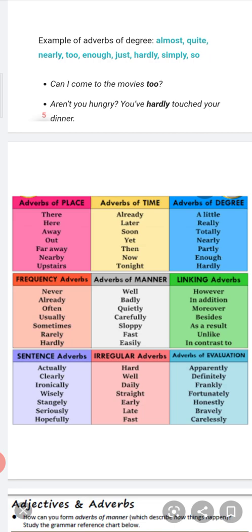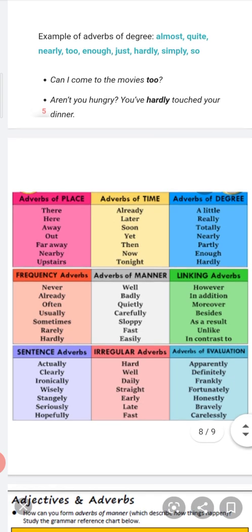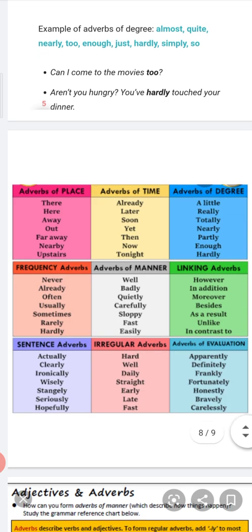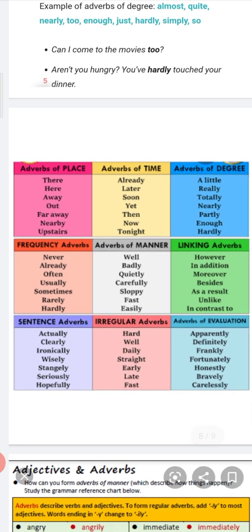So you can see the examples. There are adverbs of place: there, here, away, out, far away, nearby, upstairs. It's not only these, but a few of them have been given here. Then for adverbs of time: already, later, soon, yet, then, now, tonight. Adverbs of degree: a little, really, totally, nearly, partly, enough, hardly. Frequency adverbs: never, already, often, usually, sometimes, rarely, hardly.